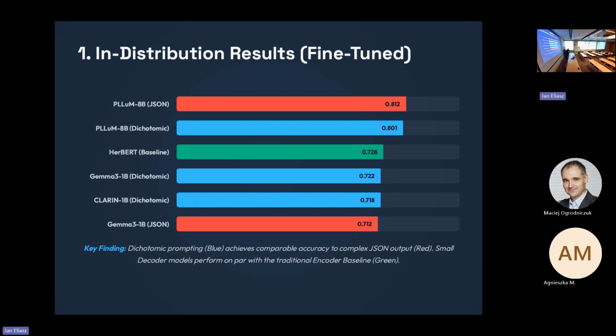And these are the performance results. We can see on the right we have the standard JSON structure output. So these are these ones. And in blue, we see this dichotomic prompting setup.